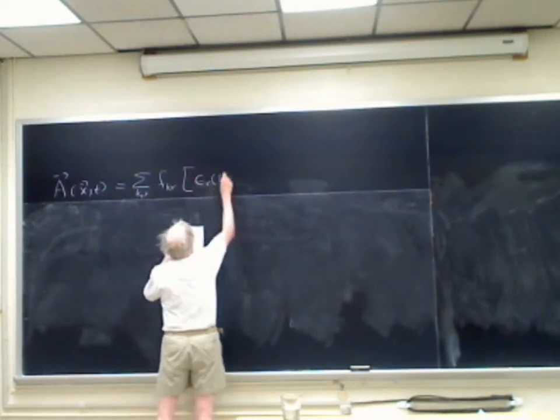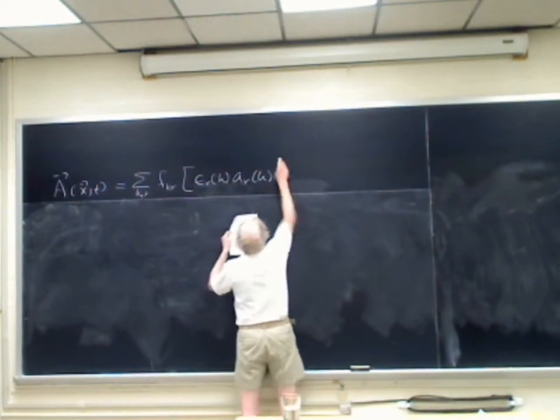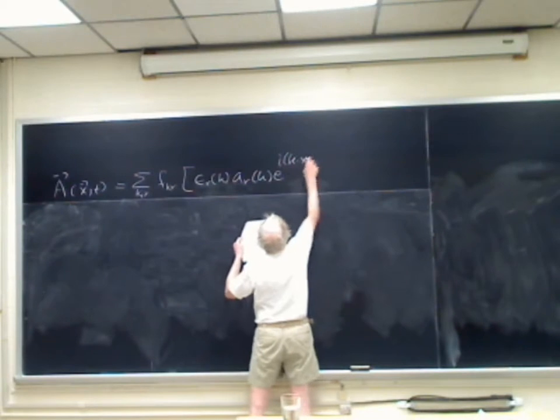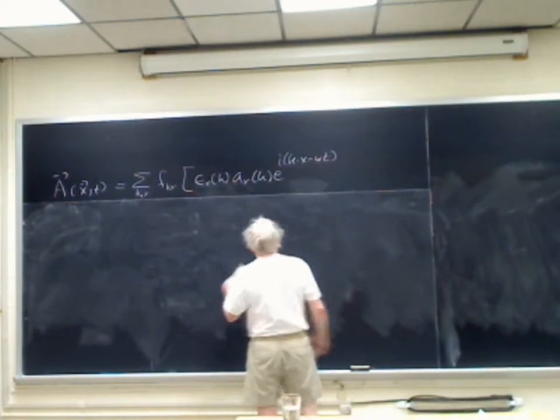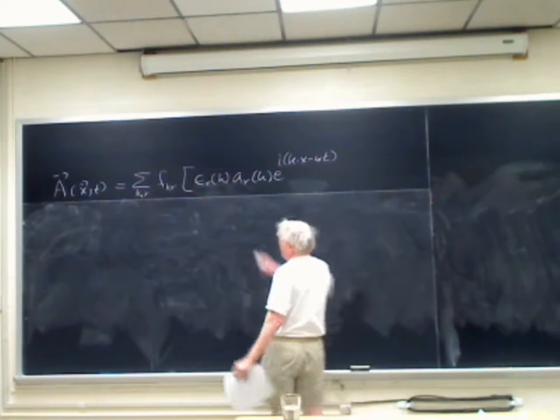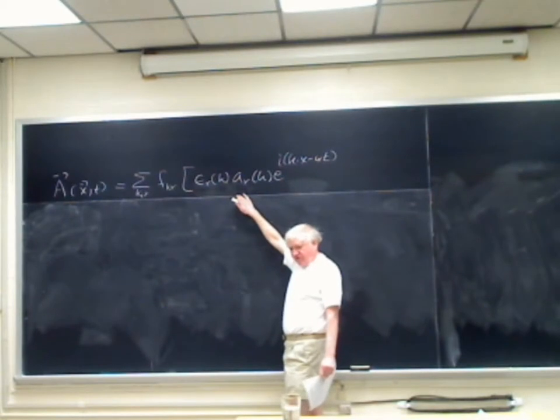Epsilon r of k, a sub r of k, e to the i (k dot x minus omega t). And here I'm thinking about the Hamiltonian and the field with a time dependence that's associated only with the transverse photons. So this is a universe with only transverse photons, no charge anywhere.